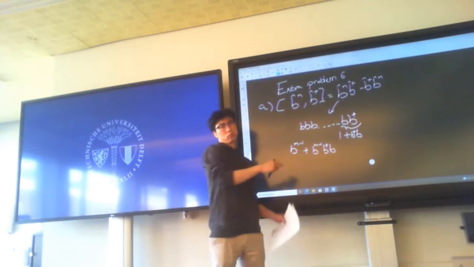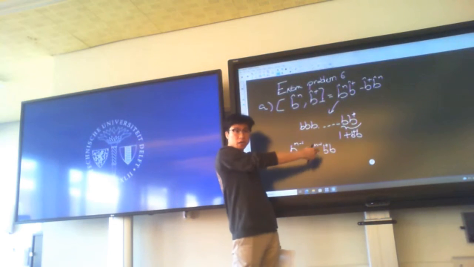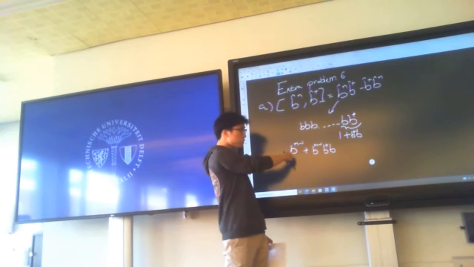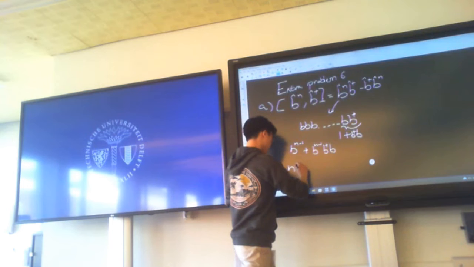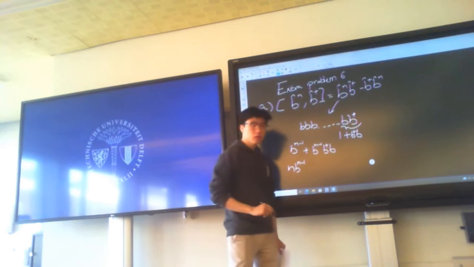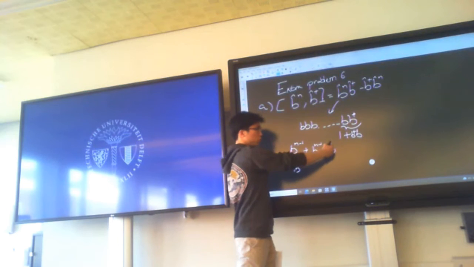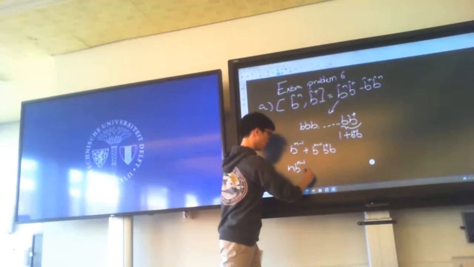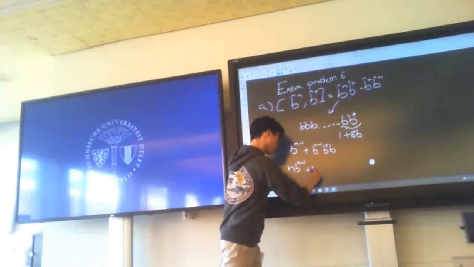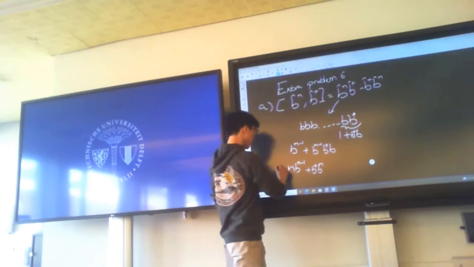And now you can already sort of see, if you repeat this n times, you get n times B to the n minus 1, and a second term where this B dagger has moved from the right completely to the left.